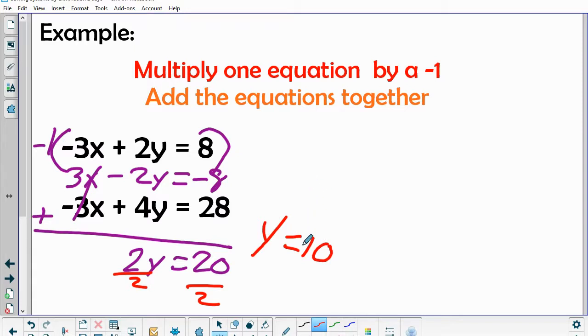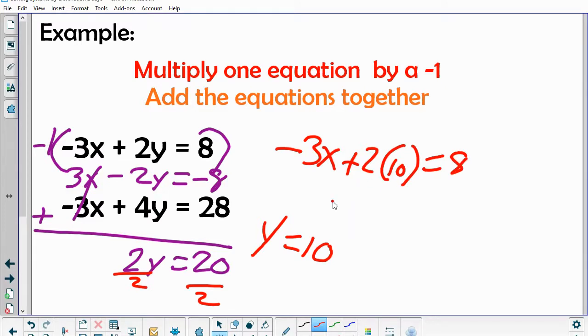All right, so we're going to take the 10 back up to one of these equations and plug it in. We'll go ahead and use the top one. So negative 3x plus 2 times 10 equals 8. Or negative 3x plus 20 equals 8.